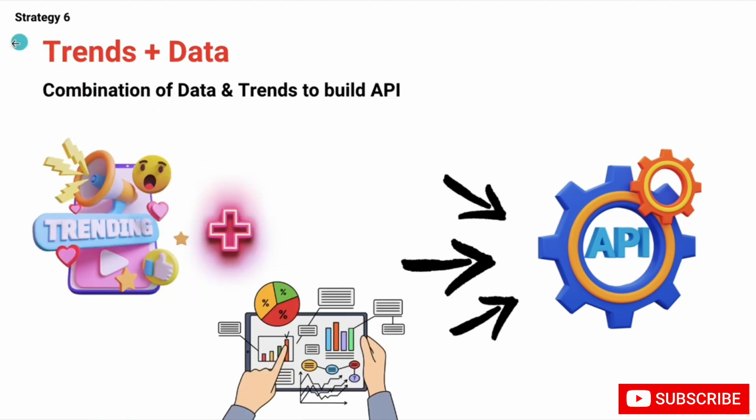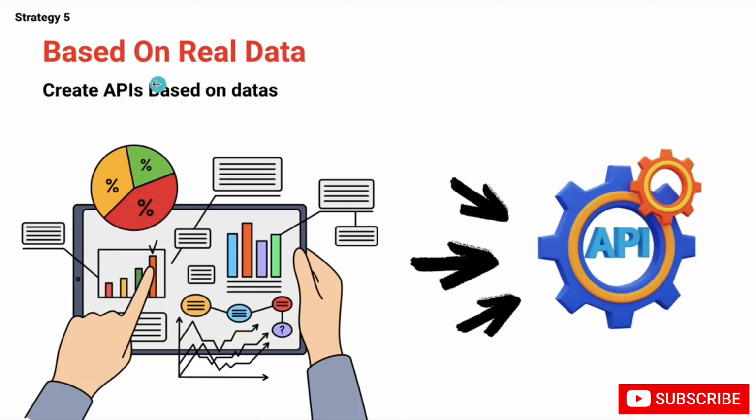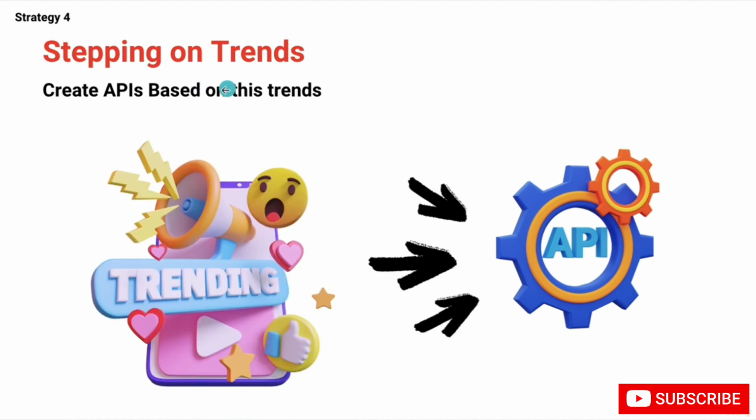So now guys, another strategy is the combination of trends and data. Remember, we have this data, you can collect data, and on that basis you can create an API. And we have this one where we pick all the trending topics, and on that basis we can create our API.